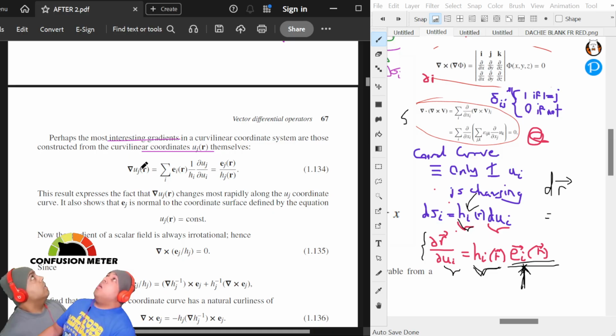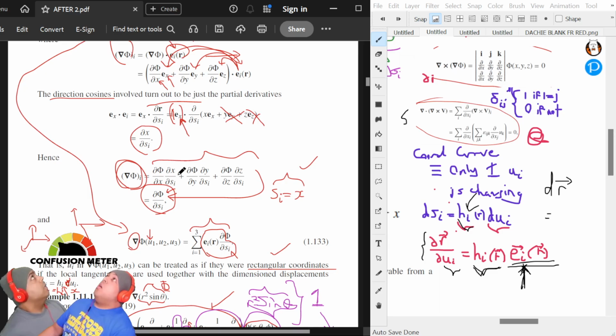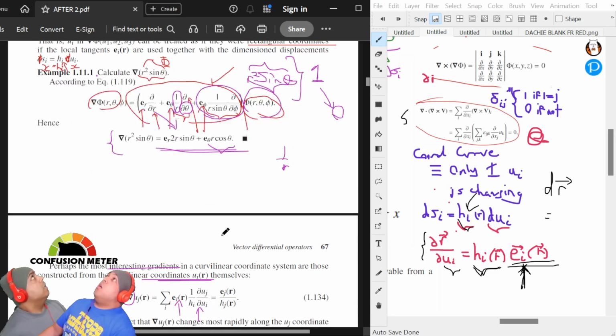So the gradient of the coordinate equals e_i(r). So the direction, that is the magnitude. Well, what did I say? Del equals e_i del s_i.